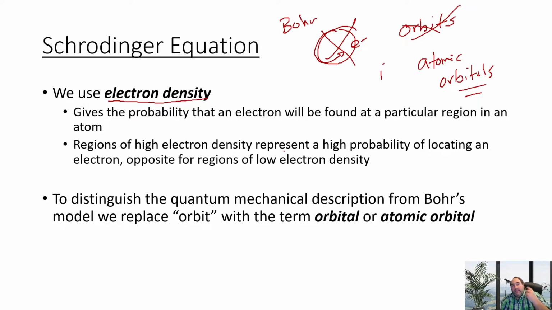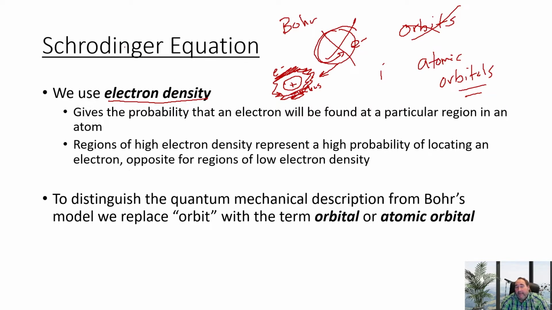So if we think about it logically, if we have our nucleus, which is positively charged, there's probably a fairly good probability that somewhere near the nucleus, you're going to find an electron.